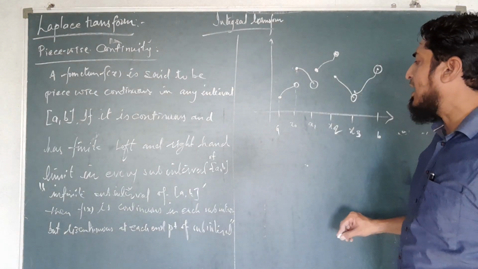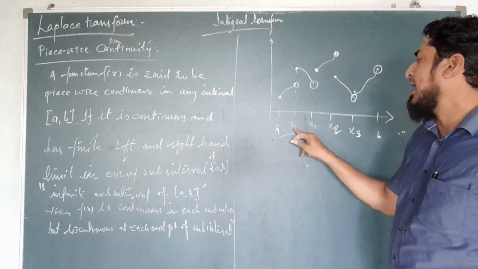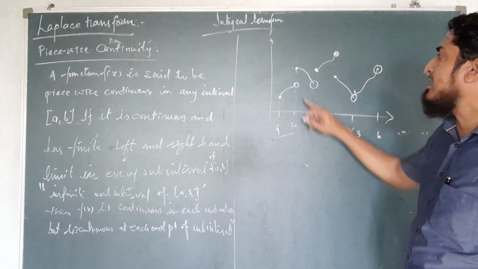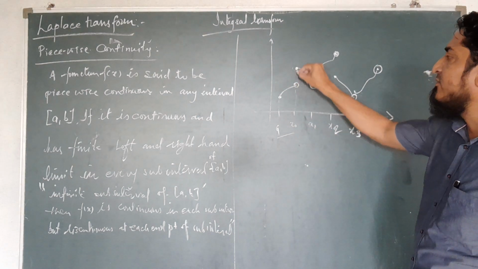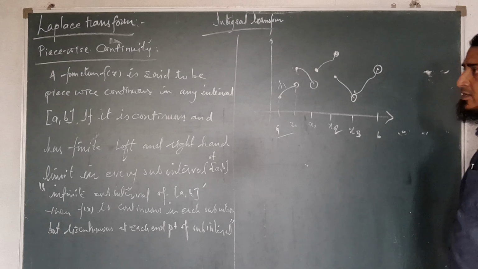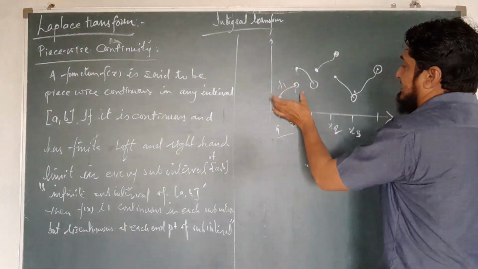Correct? And we have a function in interval a, x0. The function is continuous, but at the end point of the interval, the function is discontinuous, or we can say that the function is continuous piecewise.